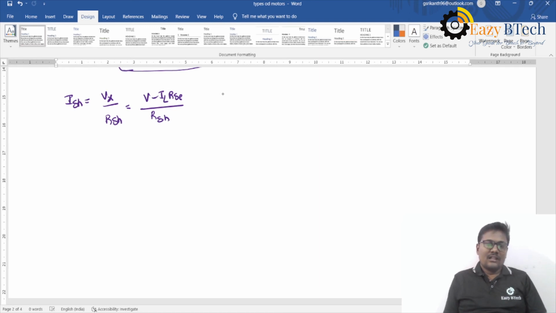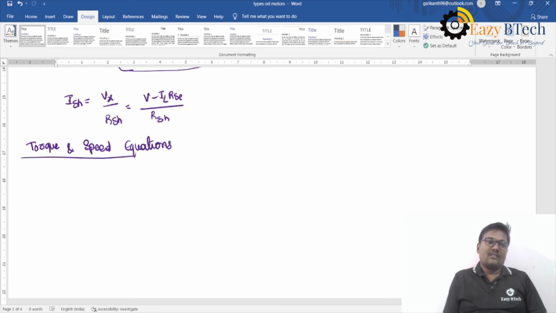So this is a problem, derivation or formulas of DC compound motor having two types of connections. One is long shunt connection and another one is short shunt connection. And the next one is torque and speed equations.